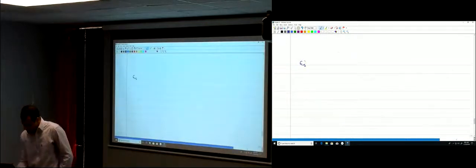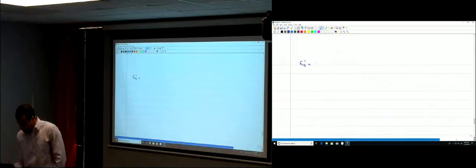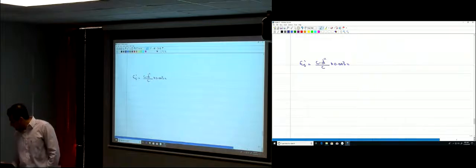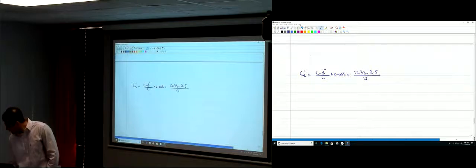So let's calculate epsilon steel prime. It is (c minus d double prime) divided by c multiplied by 0.003. We already calculated c. So c minus d double prime is 12.73 minus 2.5, divided by 12.73, multiplied by 0.003.